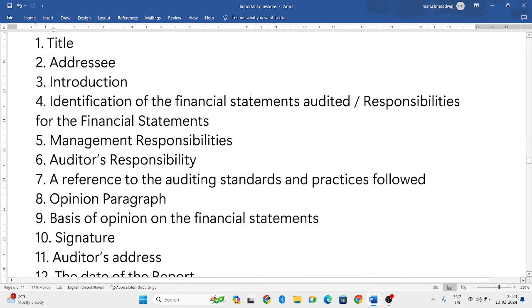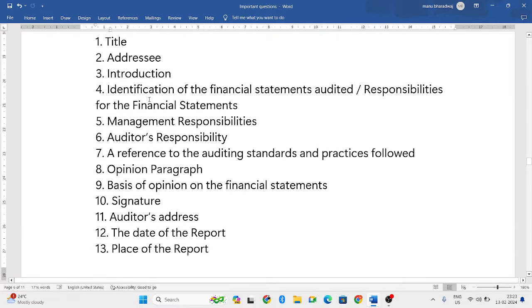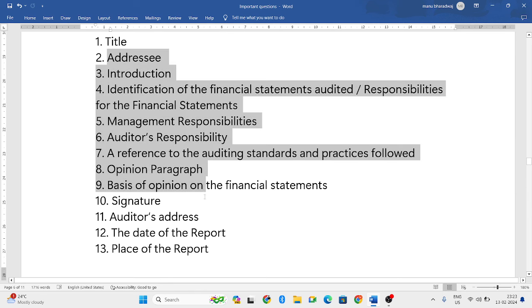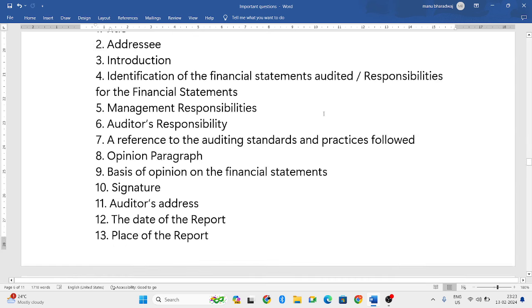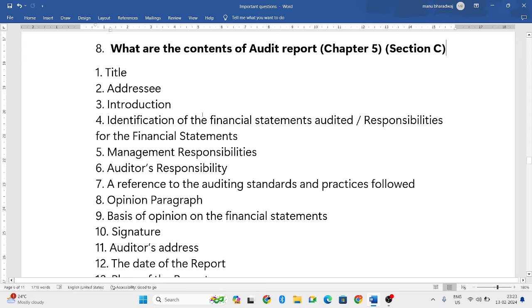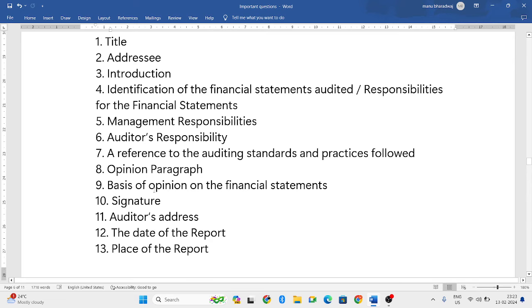There are many, 13 are there: title, addressee, introduction, and similarly the rest. This question has a chance of coming for section C also, because there is a huge content in the question. You can go through it, it's easy again.